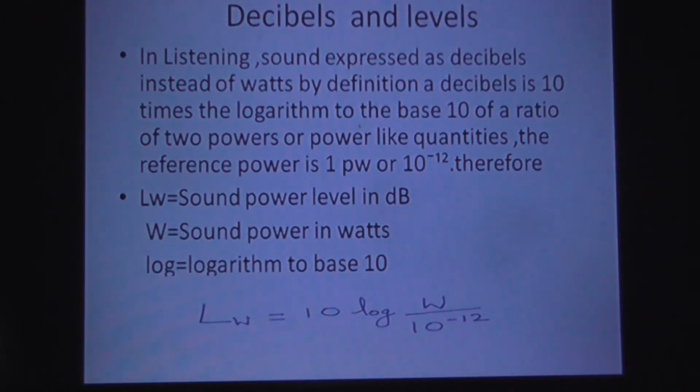The reference power is 1 pW or 10 raised to the power minus 12 watts. Therefore, Lw is equal to the sound power level in dB, that is decibels. W is equal to the sound power in watts. Log is the logarithm to base 10. And here is the formula for the sound power level in decibels.